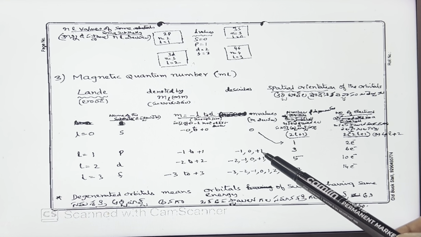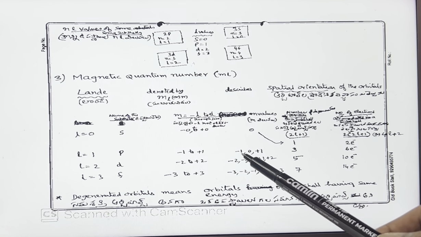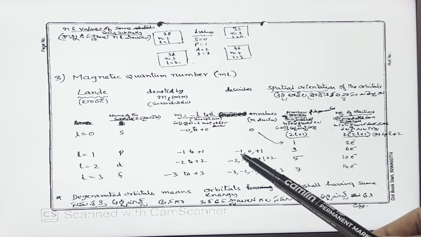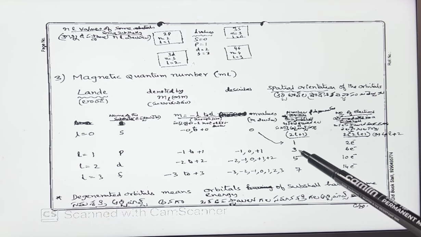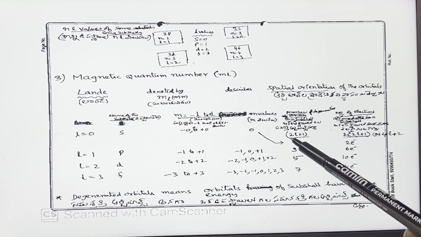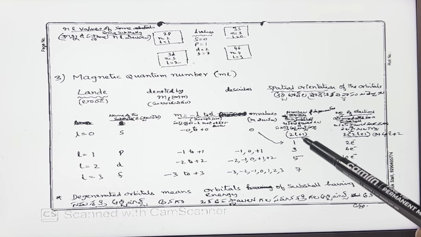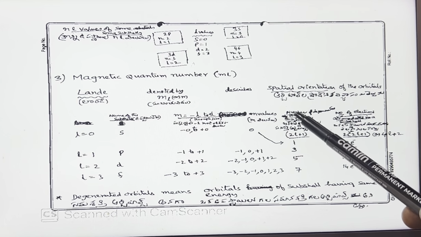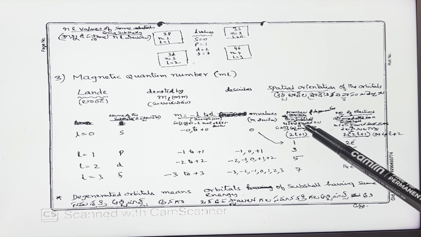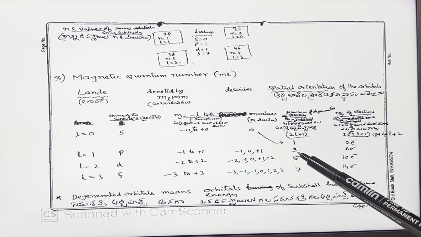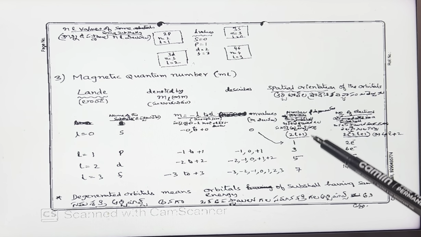So there are 3 orbitals: px, py, pz. The number of orbitals in a subshell is 2l plus 1, so for p it is 3.